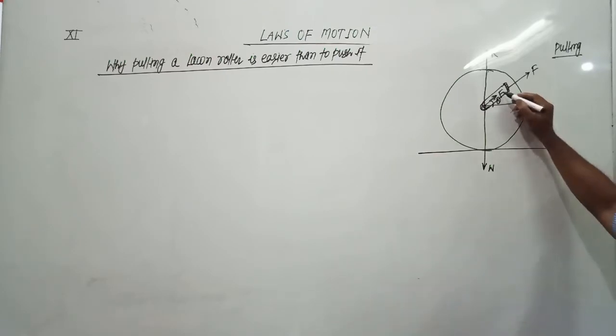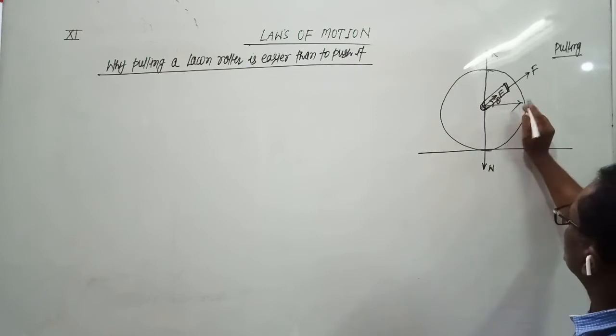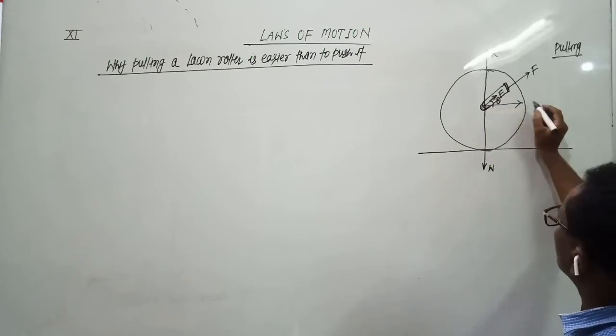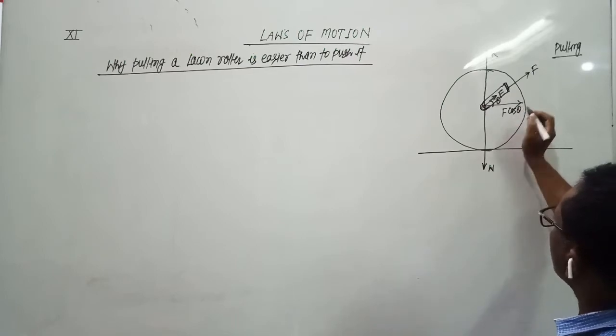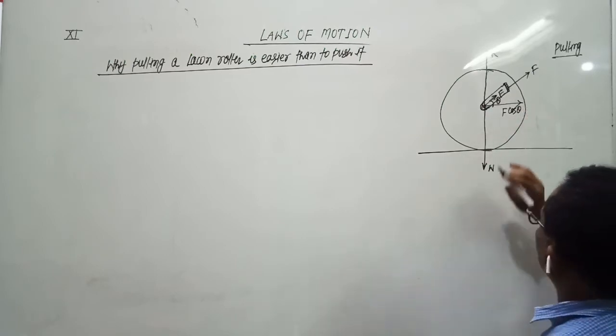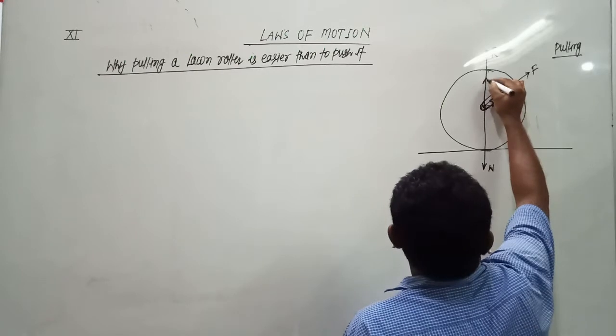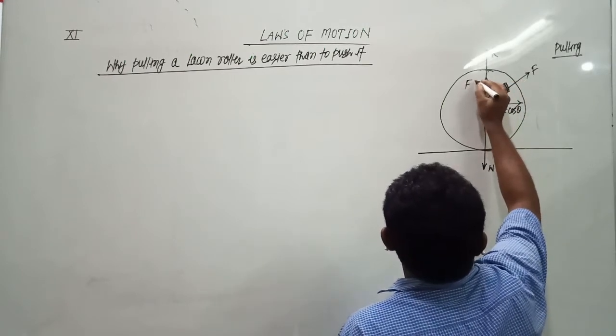So there must be two components of this force. The horizontal component lies on the horizontal direction, which is F cos theta, and its vertical component is F sin theta.